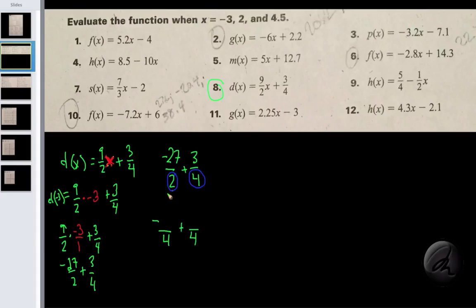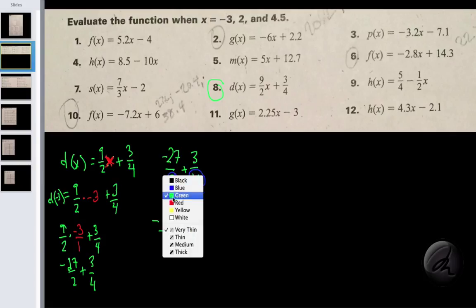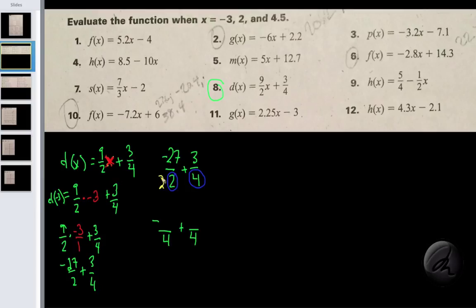When I multiply this one by 2, which is what I had to do to get my 4 over here, that means I have to multiply the top one by 2 as well.